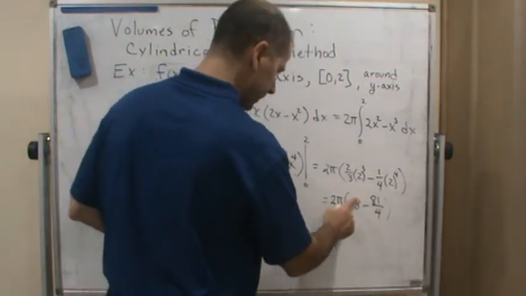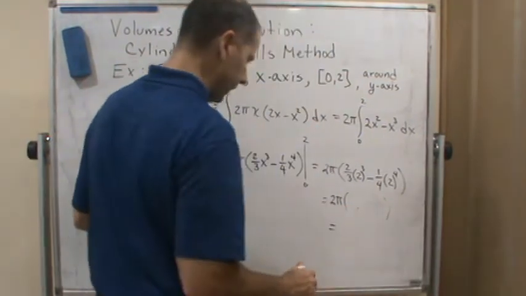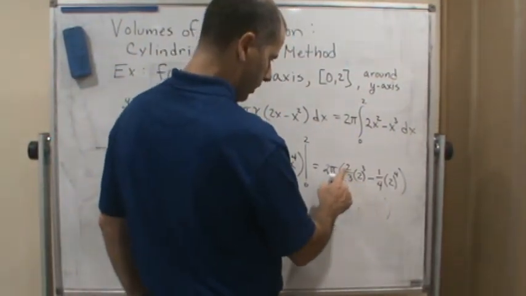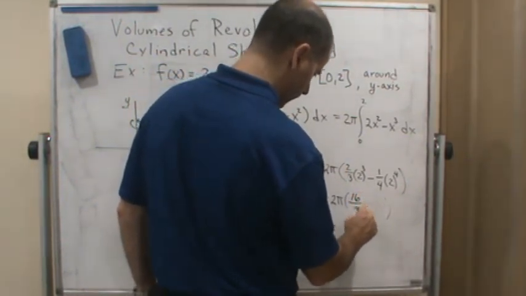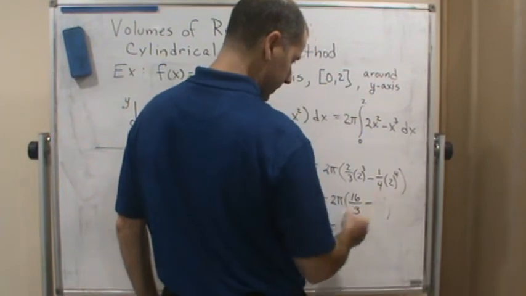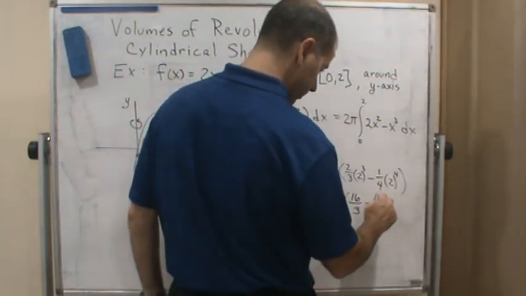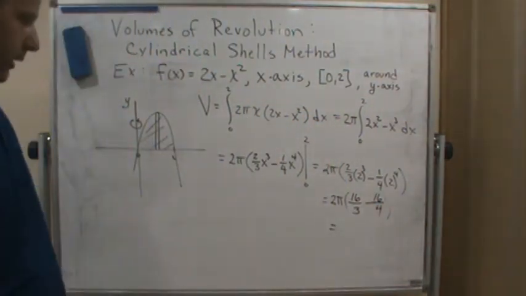Okay, so that means, what am I going to get? This is going to be 8, 16. So this is going to be 16 thirds minus 16 fourths. There we go.